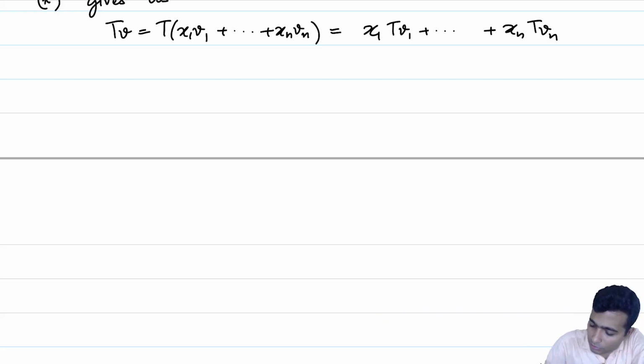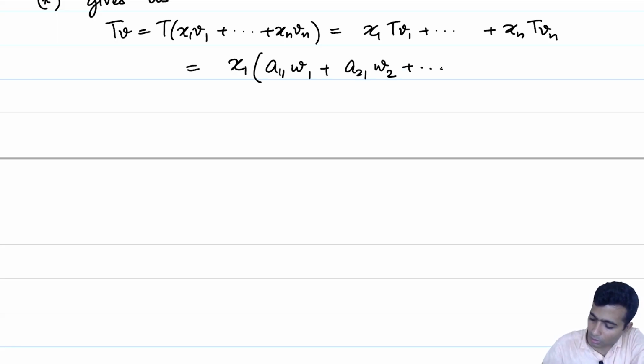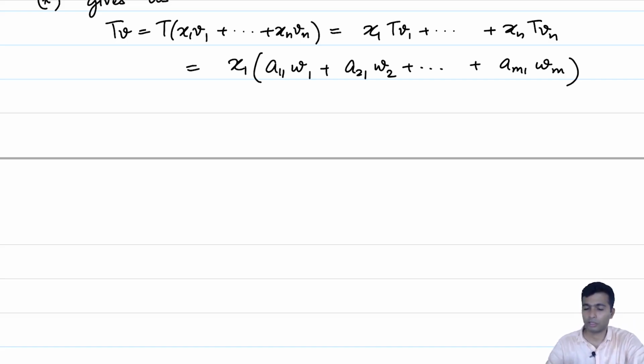So this will just turn out to be equal to x1 times, let's write Tv1 in terms of the vectors w1 to wm, a11 w1 plus a21 w2 plus up to am1 wm. Observe that the second index corresponds to v1 and the first index corresponds to the running w1, w2 up to wm.